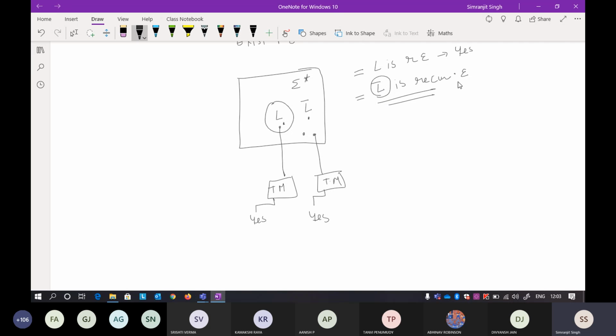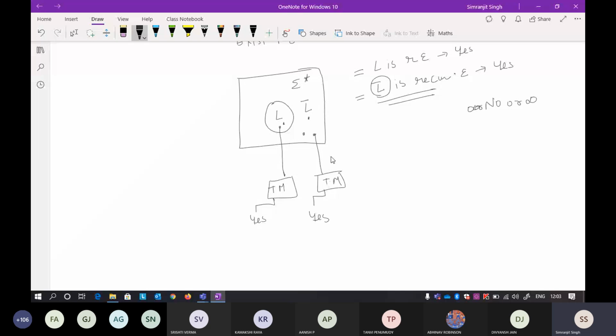L dash is also recursively enumerable, so it can also halt and say yes, this string lies in the language. I am not talking about no, because it can either say no or fall into an infinite loop. But one thing I am definitely sure of is that it will always halt and say yes if a particular string lies in the language. So now what can I do?